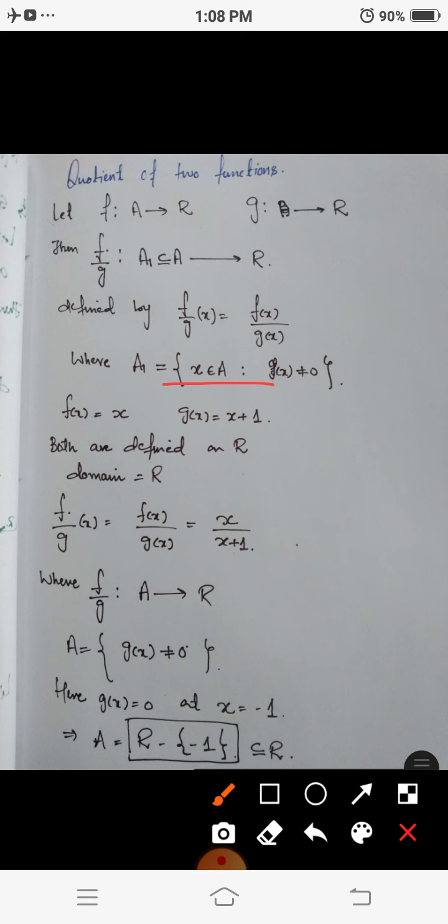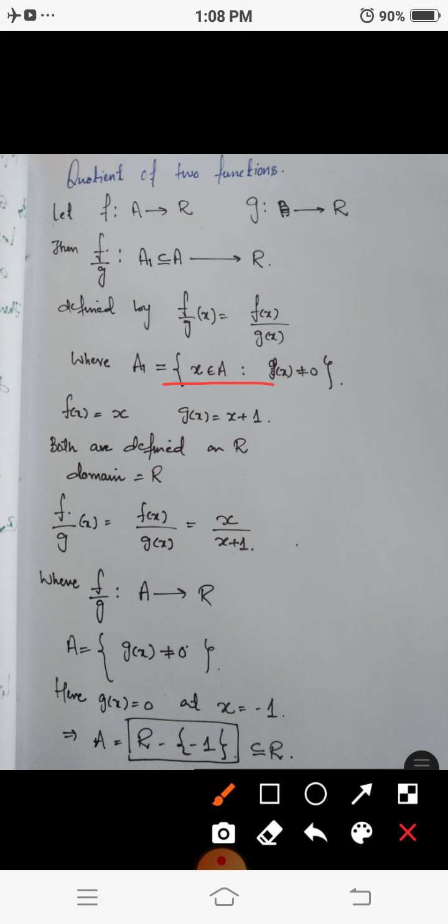Why do we need this? Because a non-zero term upon zero is not defined in R, because it is infinity. That is why we consider those points where this becomes a finite number. Like we define a rational as p upon q, where p and q are integers, q is not equal to 0.